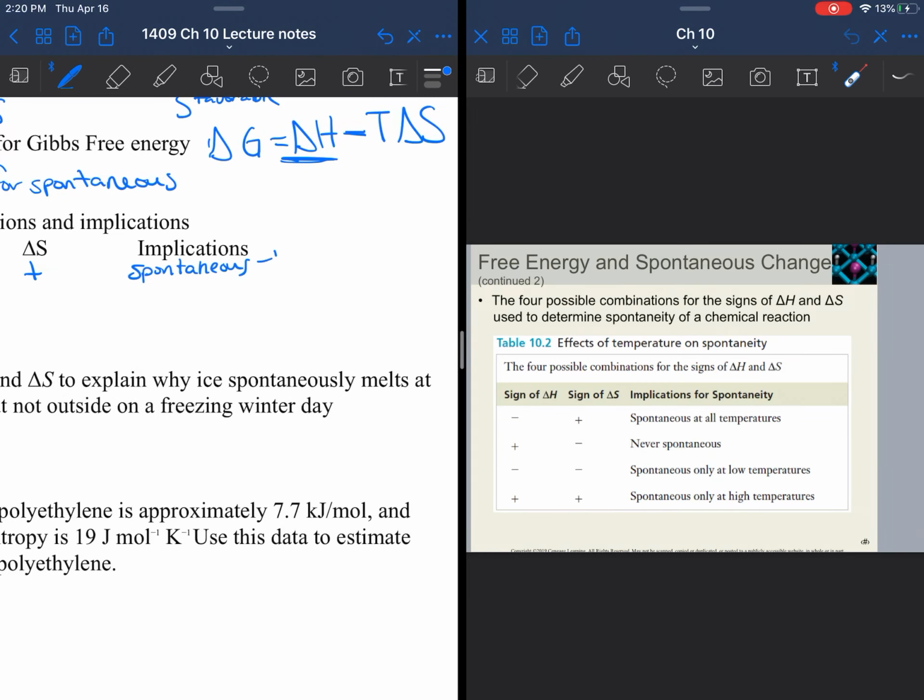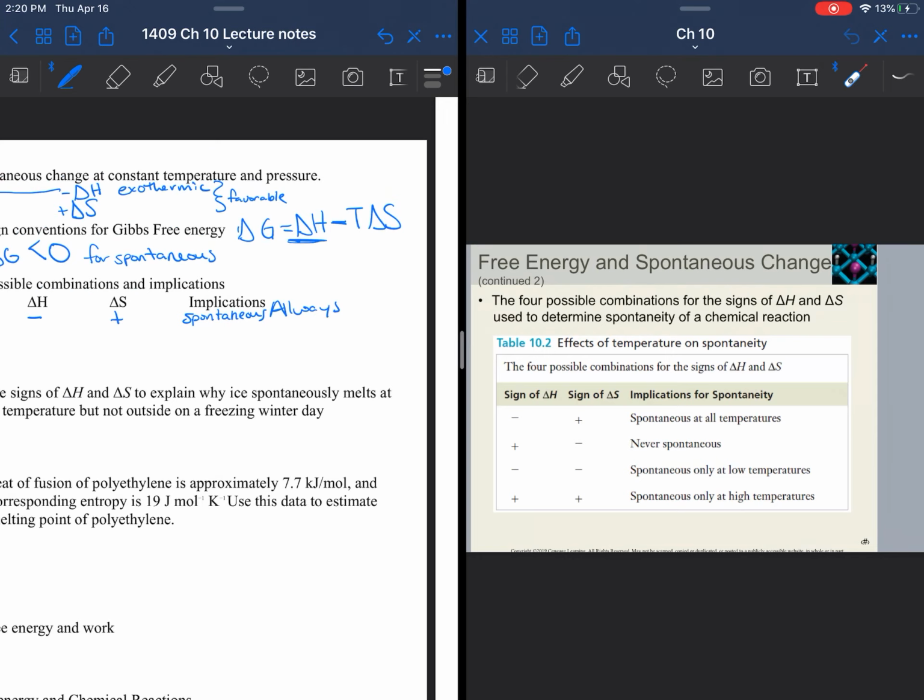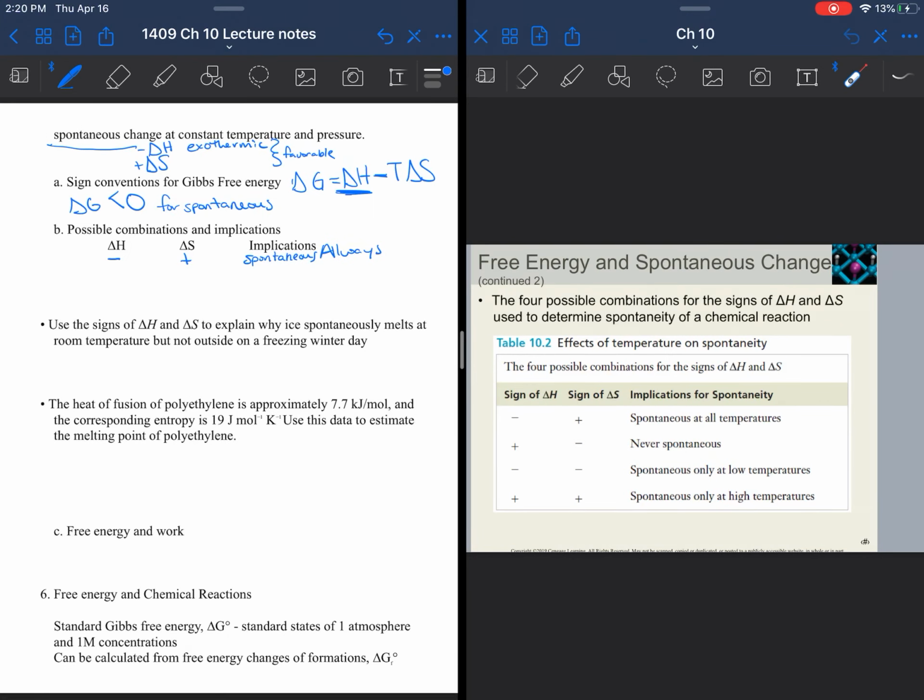So always spontaneous, because you're going to have a negative delta H and you're going to be subtracting a positive delta S. Temperature will always be positive because temperature needs to be in Kelvin. So if you have a negative delta H and a positive delta S, delta G can only be negative. So it'll always be spontaneous.